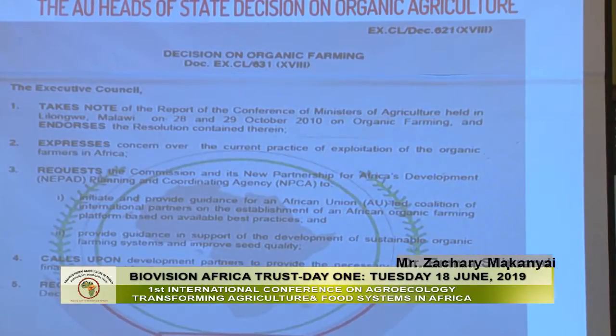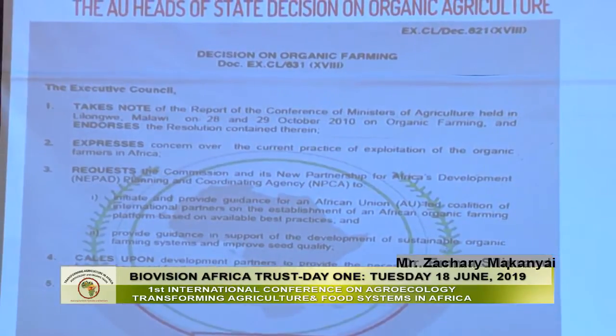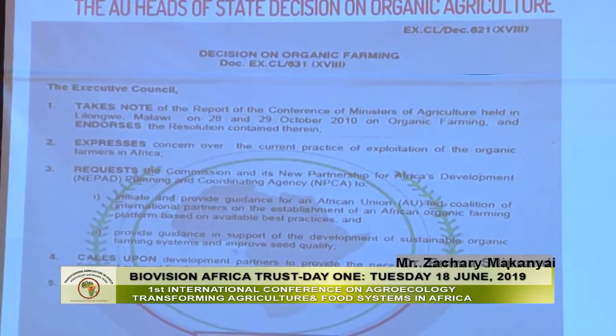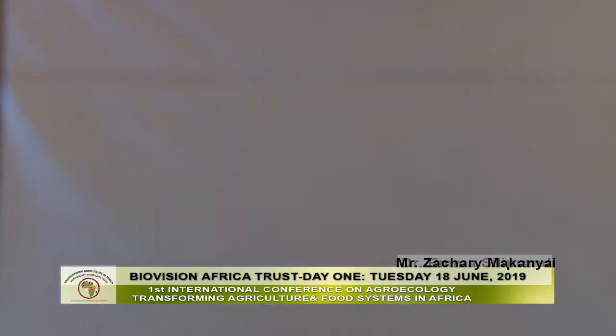First of all, they noted that organic agriculture is an issue. Then they expressed concern. They also made some requests, one of them to NEPAD, so that actions can be taken. Then there was also a call for support by international communities. There is also a need to report what is happening. So this is being done, and I'll walk you through what happened after this decision was made.